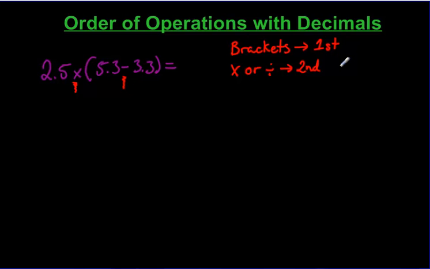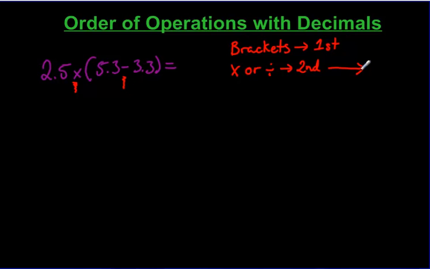Say that when we do the work in brackets, and then we look for multiplication and division, there's a multiplication part and a division part. Well, we work from left to right, so whichever one comes first, that's the one we do.